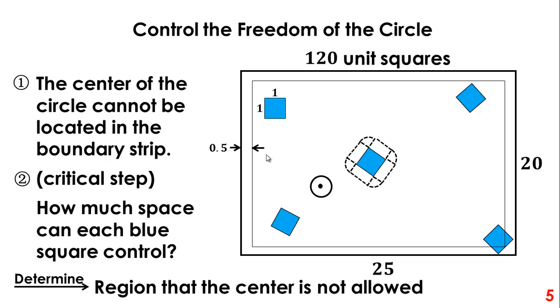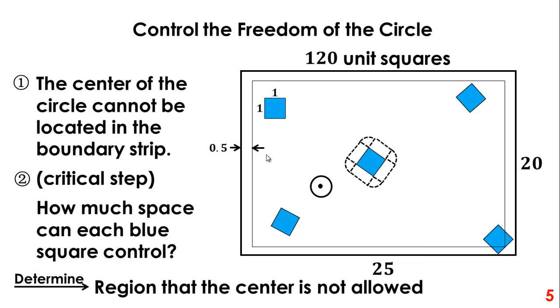So here, this dotted rounded square is the control region of one blue square. So the one you see in the figure, that's the control region.